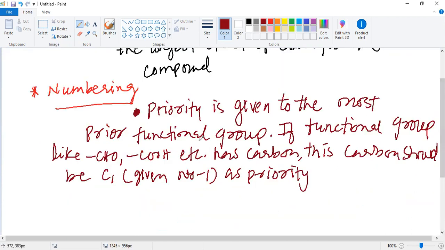So while numbering, the priority is given to the functional group, my dear students.